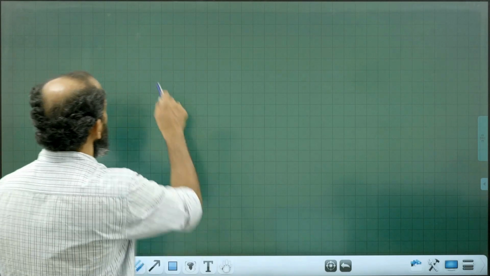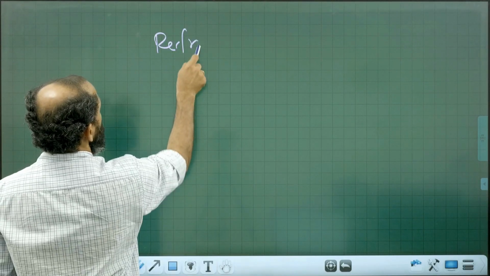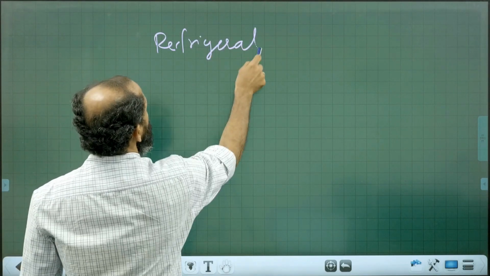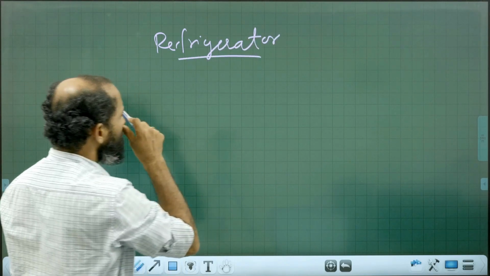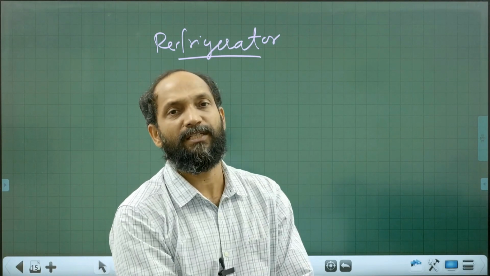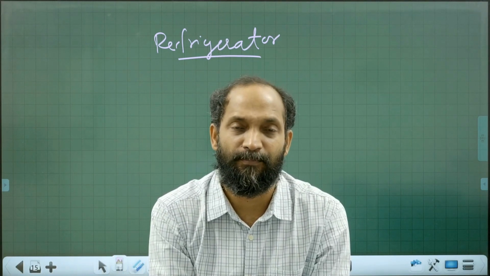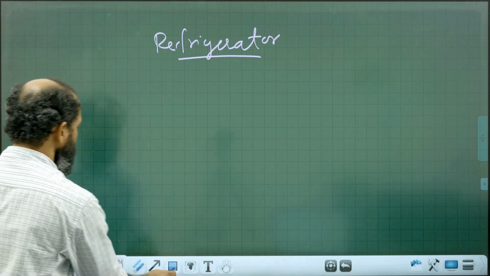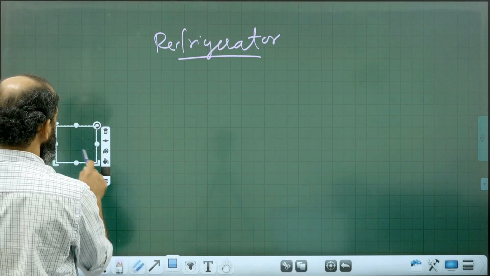Now, one more topic is left, that is called refrigerator. Refrigerator is the reverse of heat engine. The process happening in refrigerator is the reverse process of heat engine. Then the schematic diagram needs to be reconstructed like this.